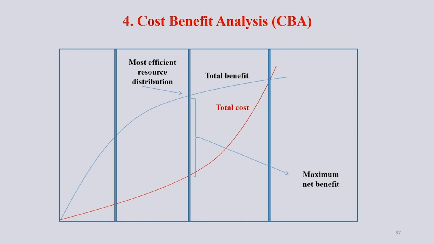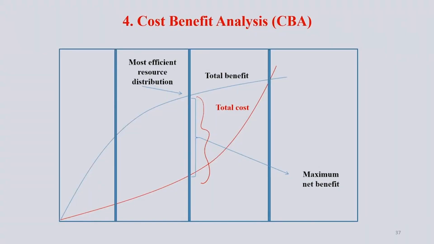Now, this particular graph of cost benefit analysis tries to project the point at which you land up with maximum net benefit. Because if you carry out a project investing crores of rupees, certainly there has to be some benefits, otherwise how can you run a project. But at the same time it is important to see how this particular project in the long term is impacting the environment and the society.